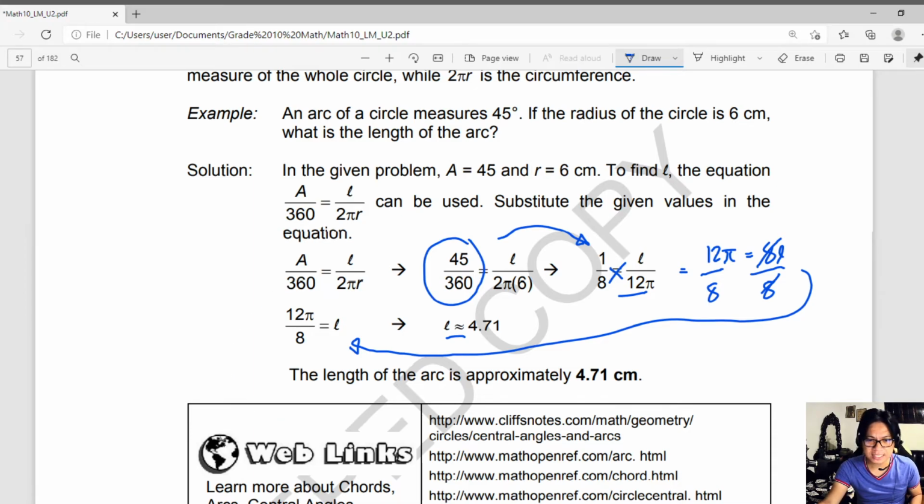Okay, so let's review. We discussed three formulas: the sector of a circle, the segment, and the arc length.